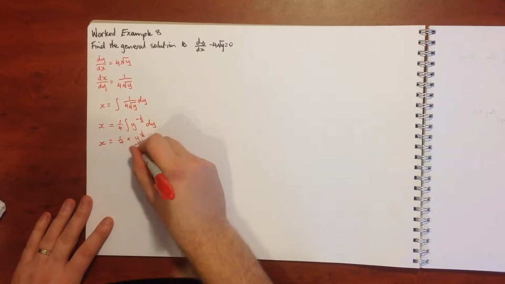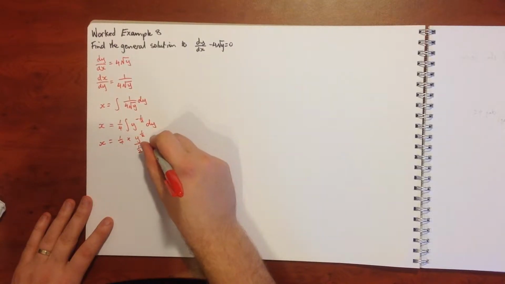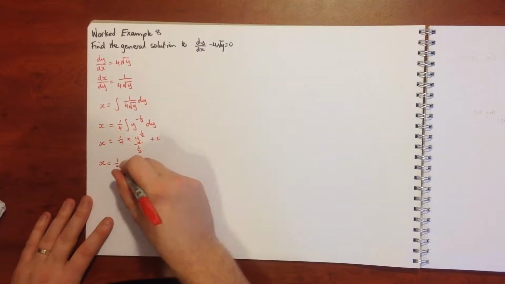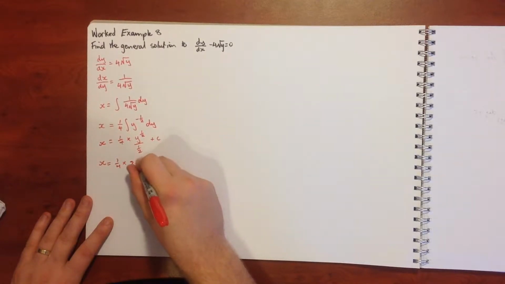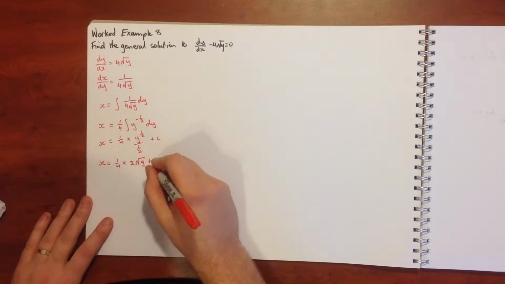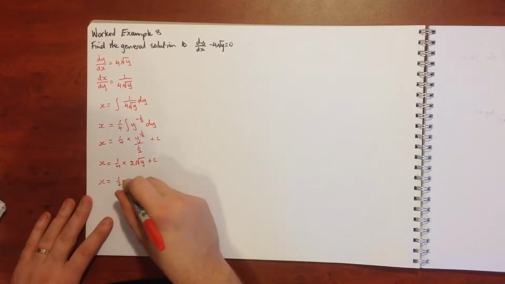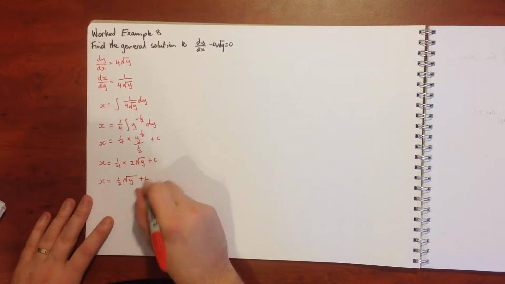Then we've got to divide it by a half, plus c. So that means we've got x equals 1 on 4 times 2 root y plus c. So we get x equals a half root y plus c.